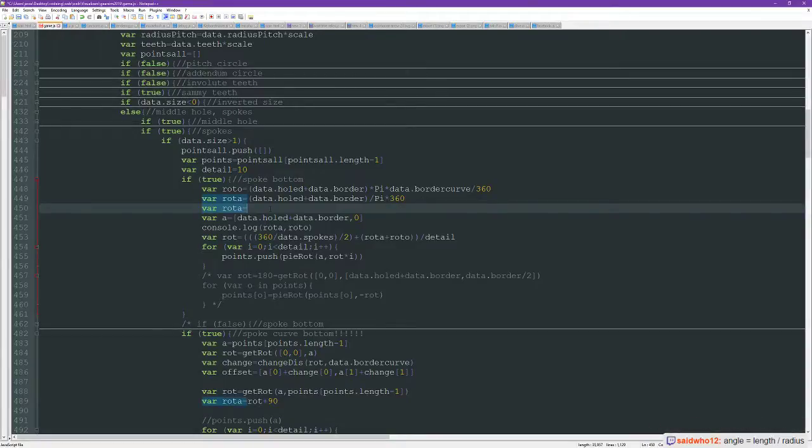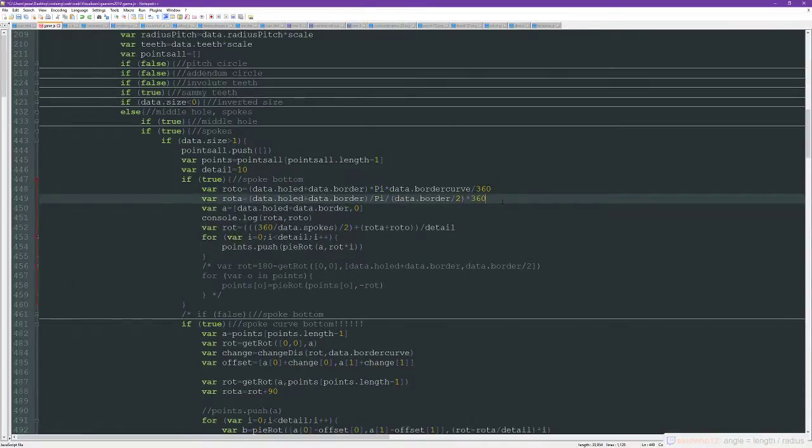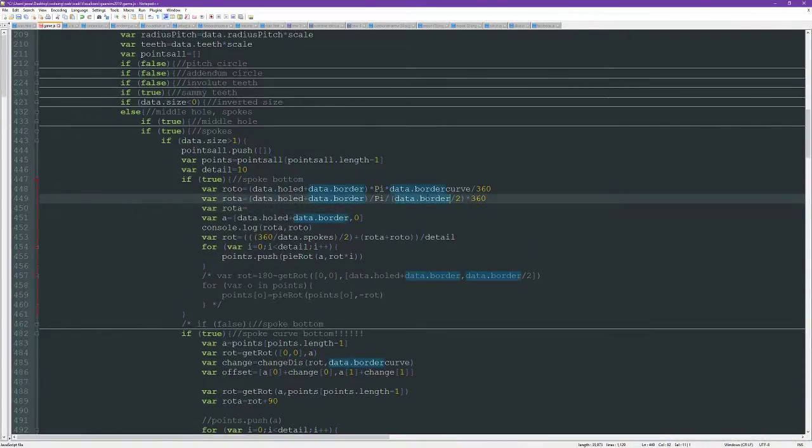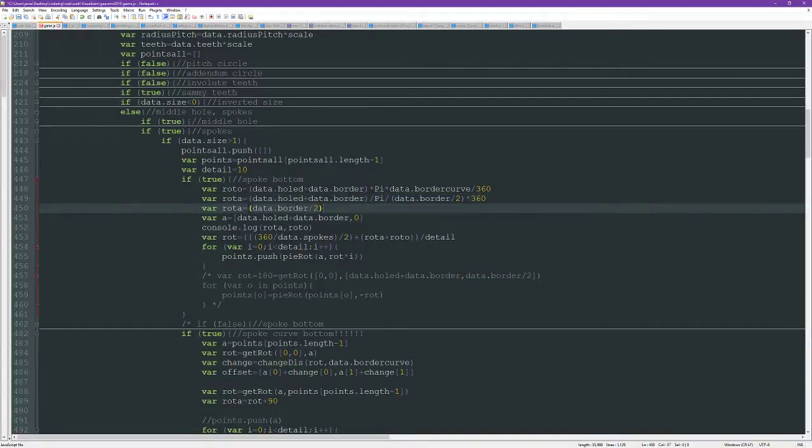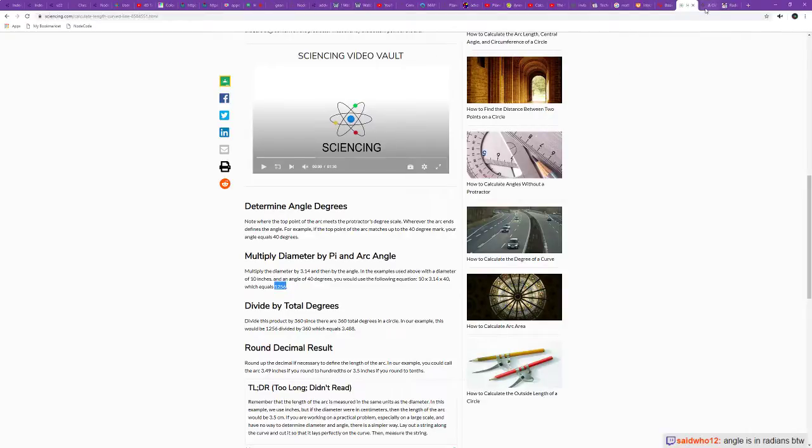Back there. So my length divided by the radius times 360, or divided by 360, whichever way around it is. Yeah, that's what I was Googling before. I'll do radians.